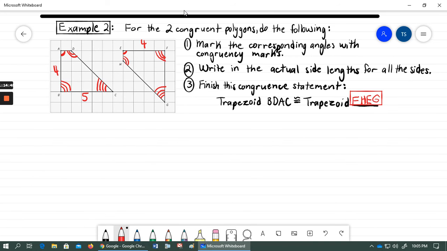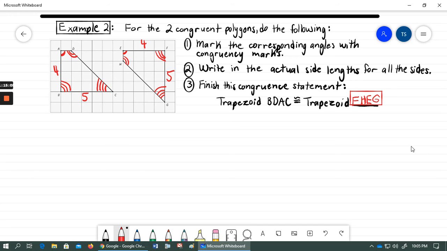So we know that one has 5 units, and this corresponding one has a length of 5 units as well. We're writing in the actual side lengths. That was the longer horizontal side.